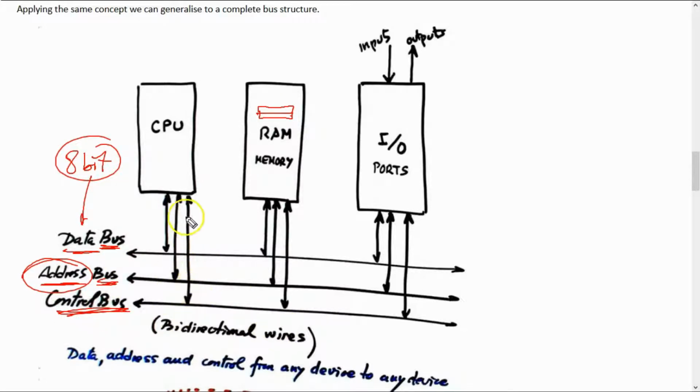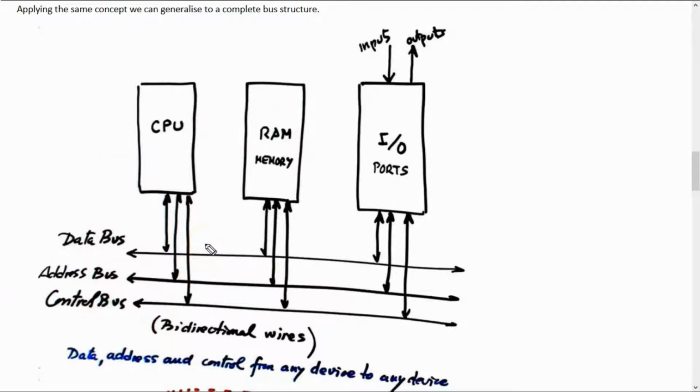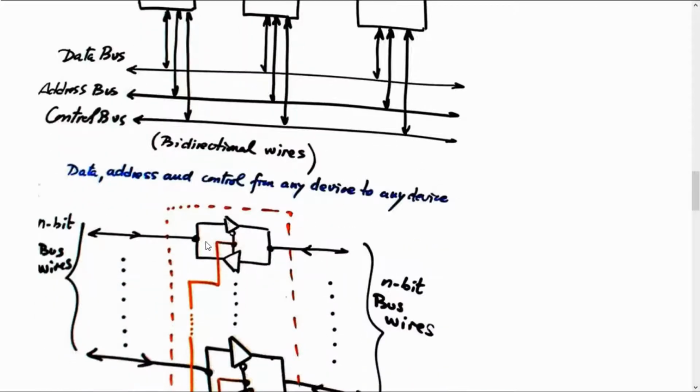That is for the sequencing of operations and being able to switch directions of those wires if necessary. So that is the very idea of connecting blocks internally in a microcontroller.